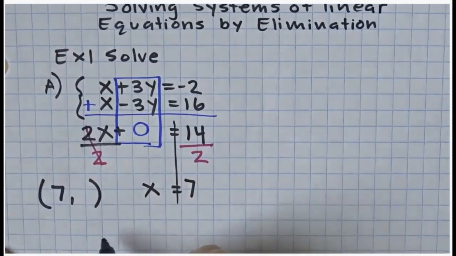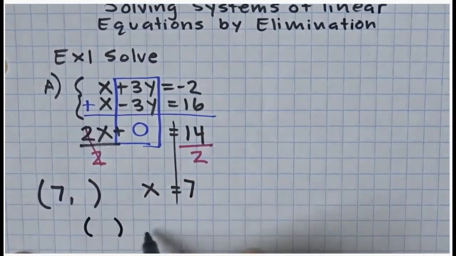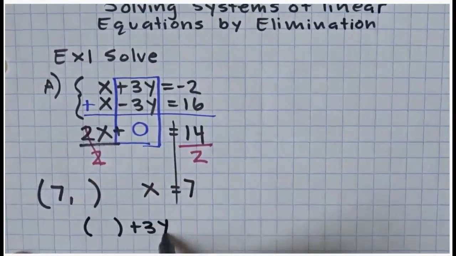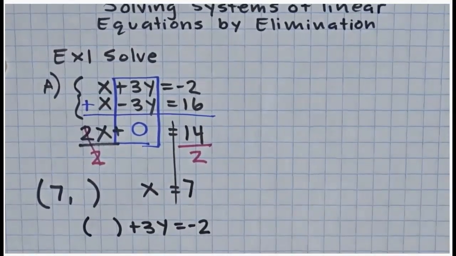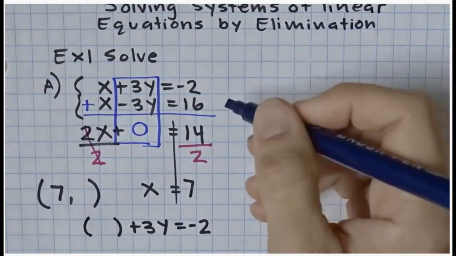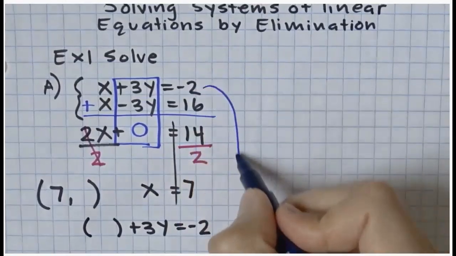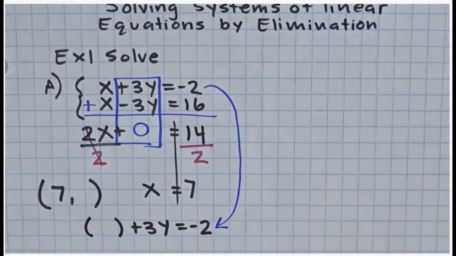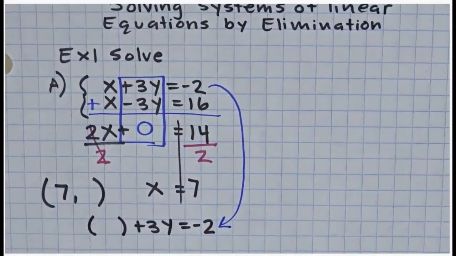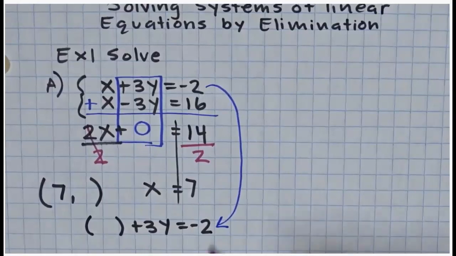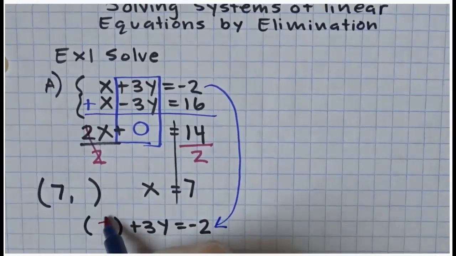So that's what I'm going to do. I'm going to replace that x plus 3y equals -2. All right, and just so you see where that came from, let's show you that this equation just came down here. Okay. And now my x was 7, so that's what I'm putting here.